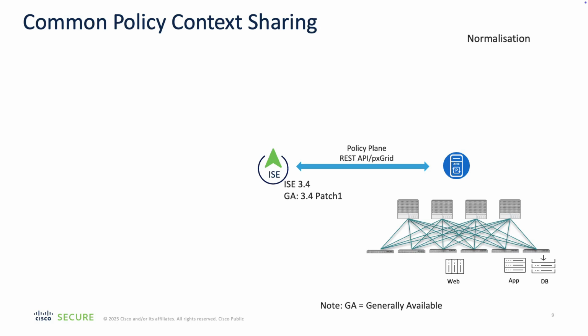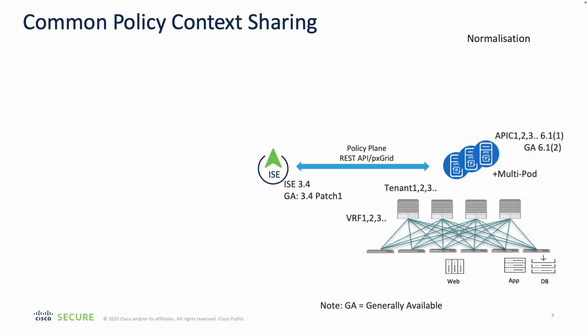We did years ago have an interconnection purely with API, but this is now using proper pxGrid, you know, context sharing mechanism. So APIC now is a pxGrid client, and we can do subscription and publication now with APIC. So that's really enhanced this integration.